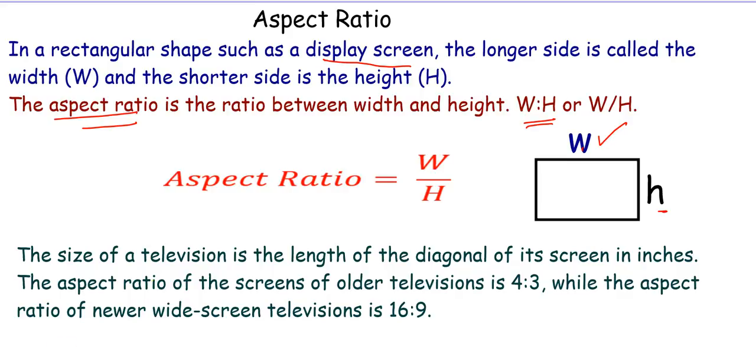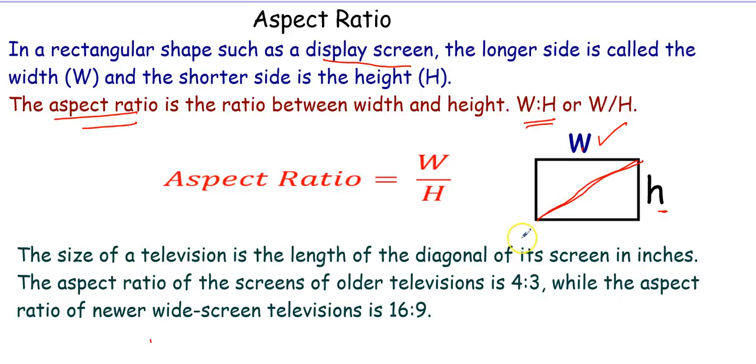Now the size of a television is the length of the diagonal of its screen in inches. It is like this. Suppose you consider this to be a television screen, so from one corner to the other, this whole length, which is the diagonal, is the length of the television.